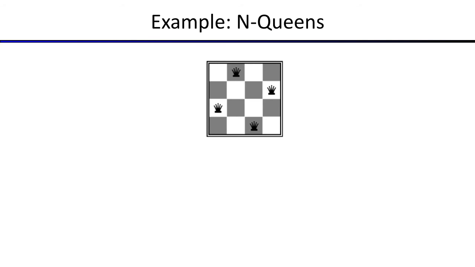And if you're rusty on chess or don't know the rules, queens attack like this, along any row, along their column, and along the diagonal. So this is a solution to this problem where we have a 4x4 board with 4 queens because no queen is in any other queen's line of sight.